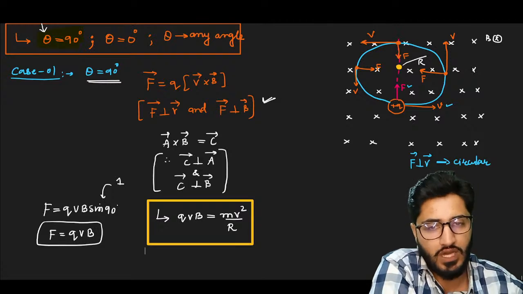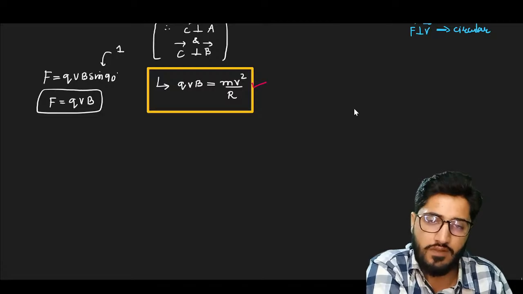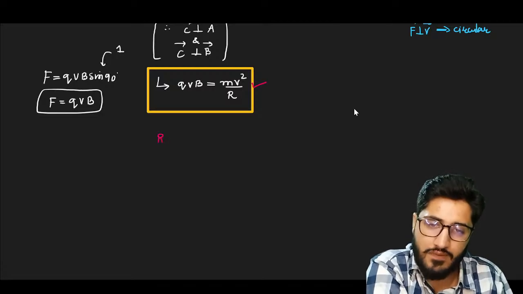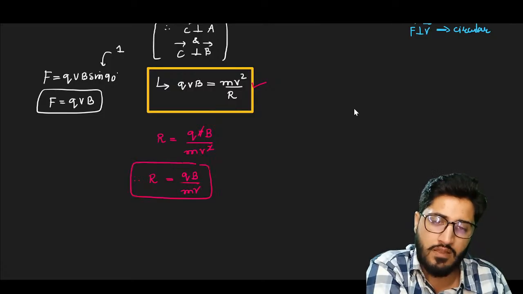So now if we are just focusing on this equation only, my r came out to be mv square divided by QVB. One v we cancel out. So you can write the radius of my circular motion is mv by QB.